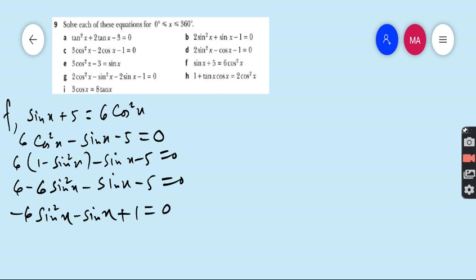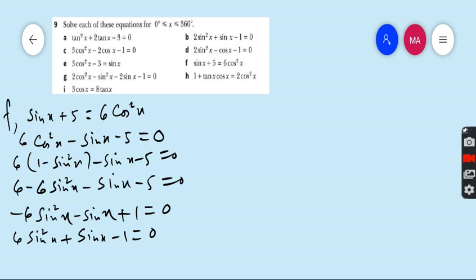Minus 6 sin square x minus sin x, 6 minus 5 is plus 1, is equal to 0. In order to make the square variable positive, we must multiply the whole equation by negative 1. So 6 sin square x plus sin x minus 1 is equal to 0.